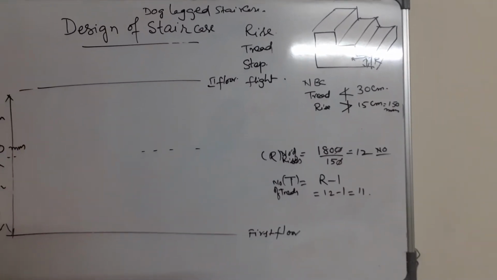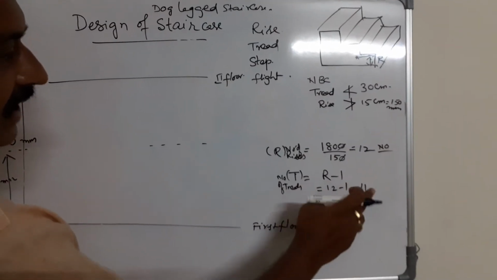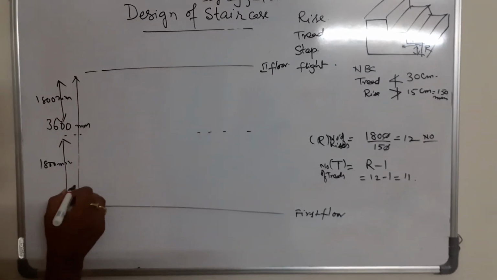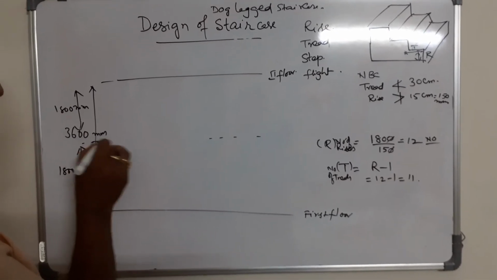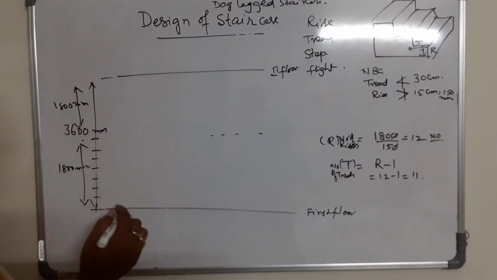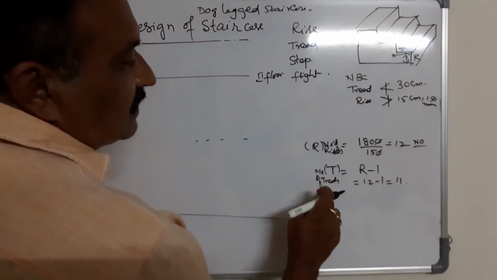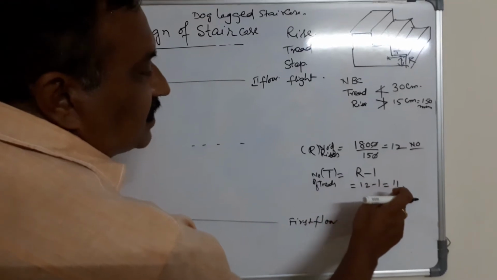So the number of treads is equal to 12 minus 1, that is 11. Now I am dividing this into 12 rises.